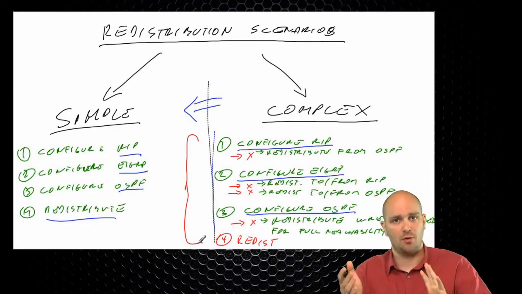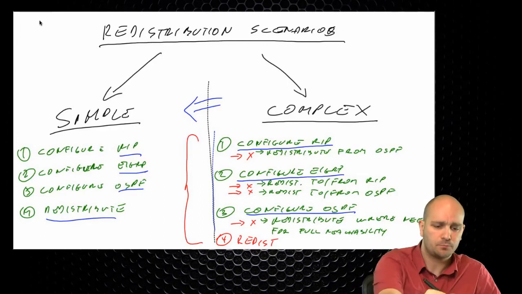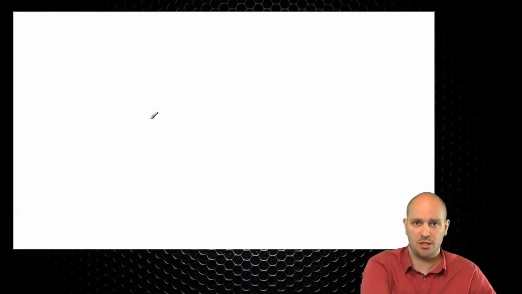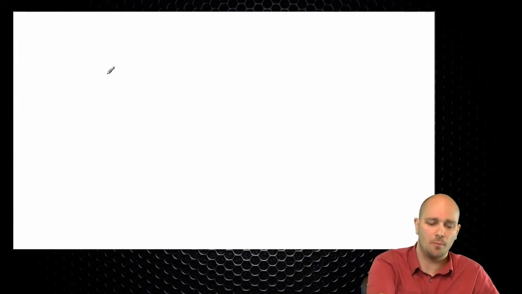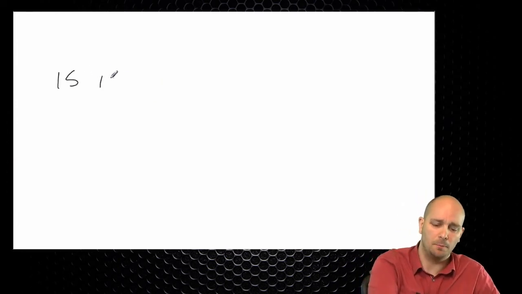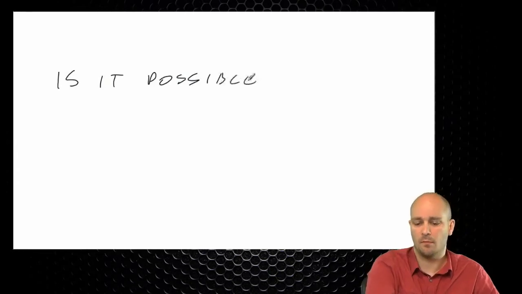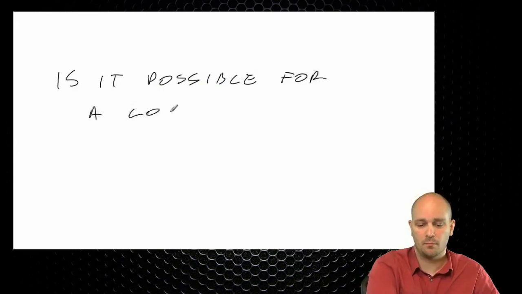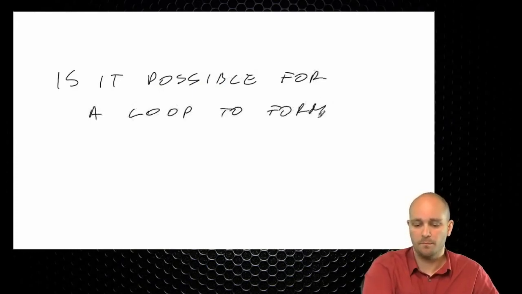So no matter which one you have, simple or complex, you are going to be faced with a simple question in your redistribution scenario. Is it possible for a loop to form in this network or in this scenario?